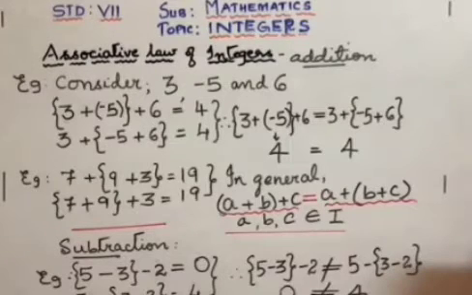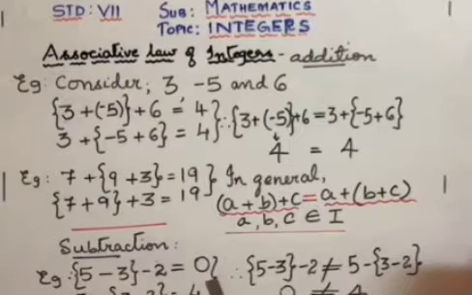You can work it out and check. On the other hand, now I've grouped 3 and 2. 5 is outside the bracket. So now it is 5 minus (3 minus 2). What is 3 minus 2? It's 1, positive 1. But 5 minus 1 is 4.